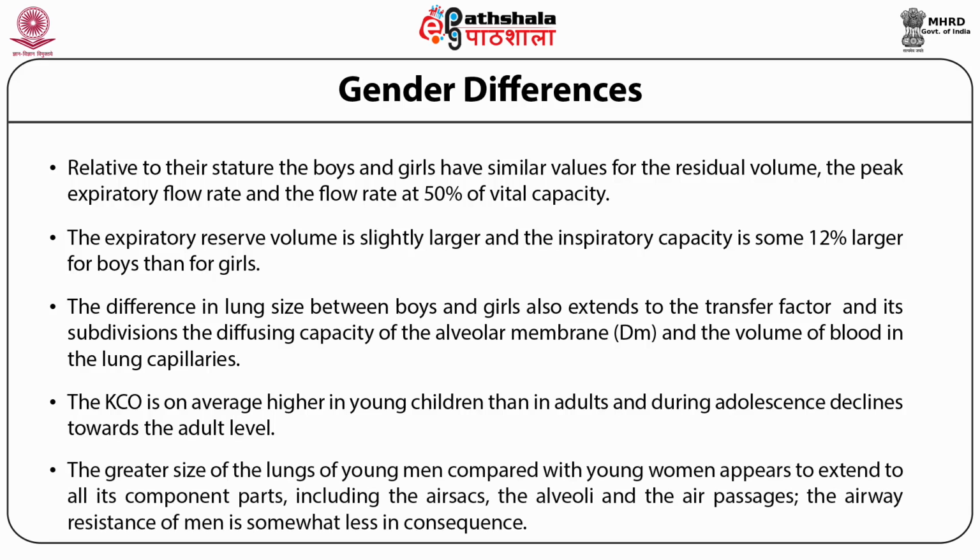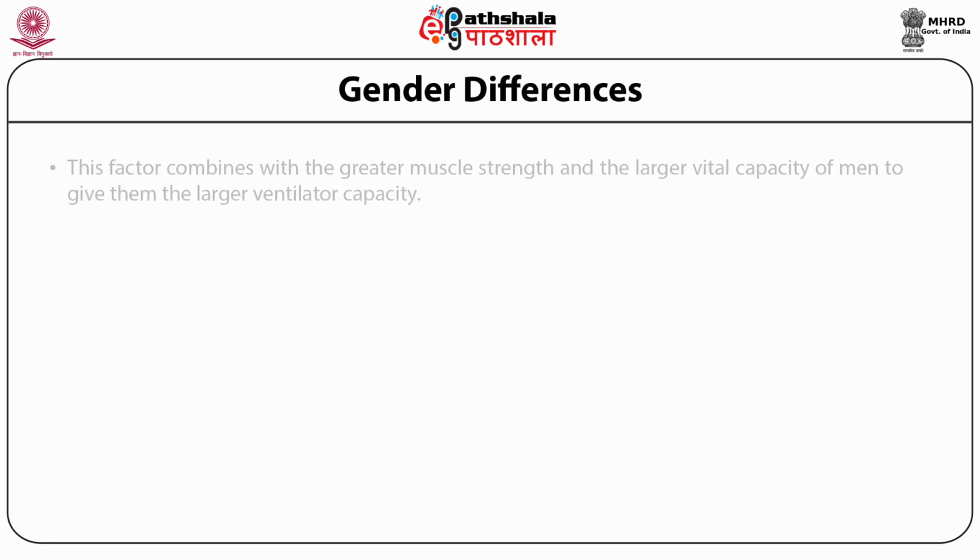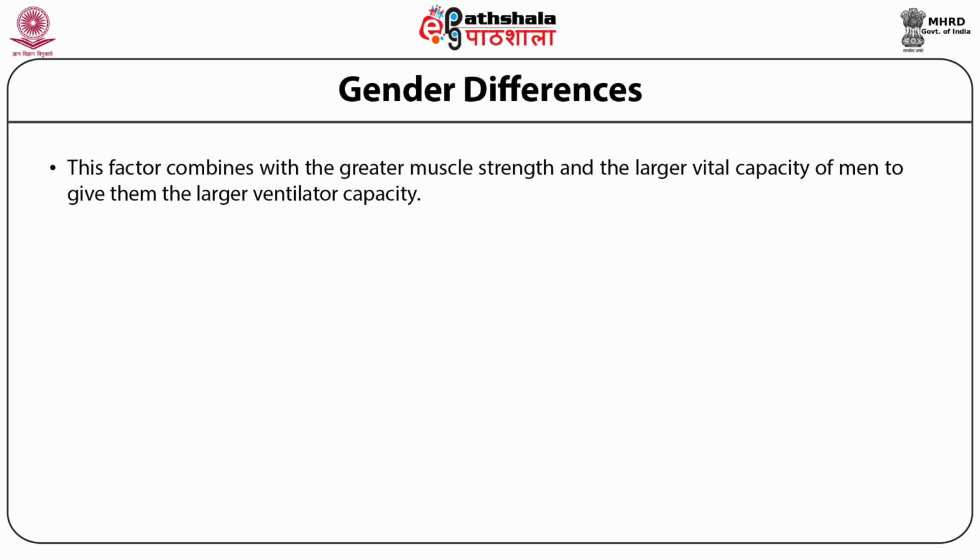The greater size of the lungs among young men as compared to the young women appears to extend to all its component parts, including the air sacs, the alveoli, and the air passages. The airway resistance of men is somewhat less. This factor combines with the greater muscular strength among men and larger vital capacity of men to give them larger ventilatory capacity.